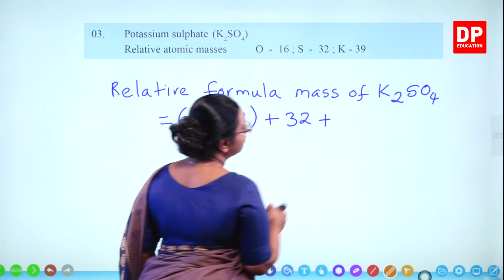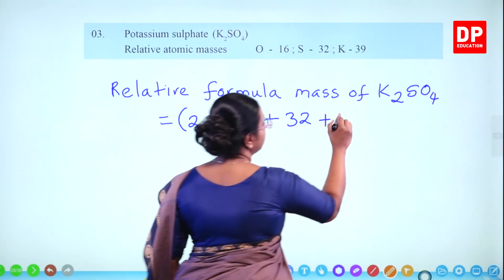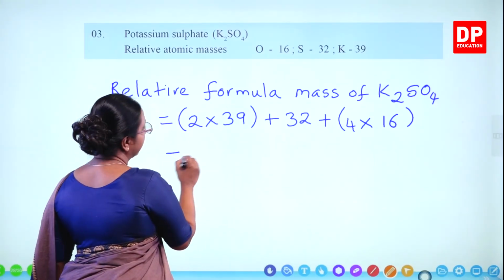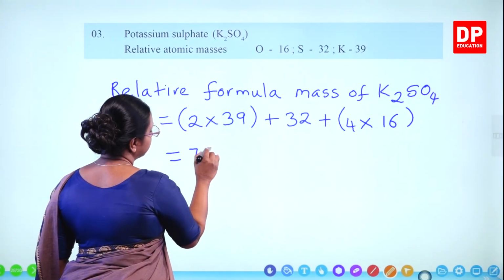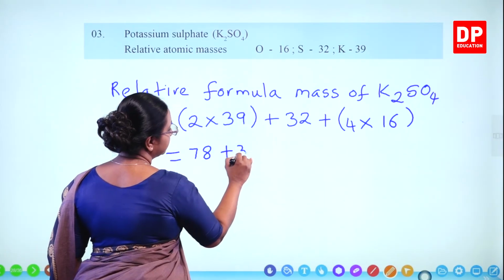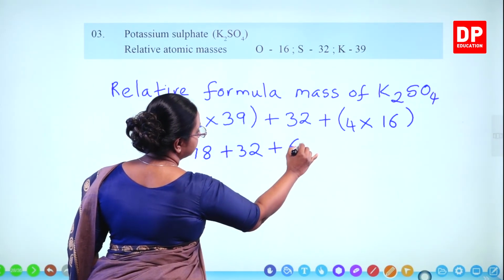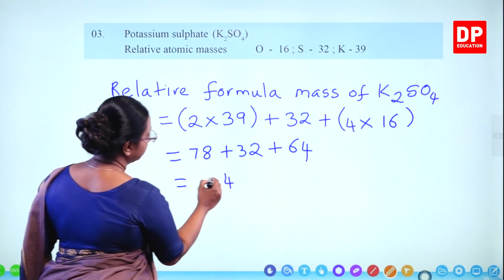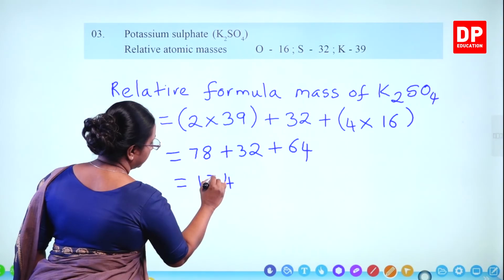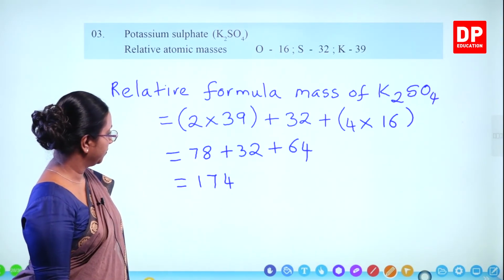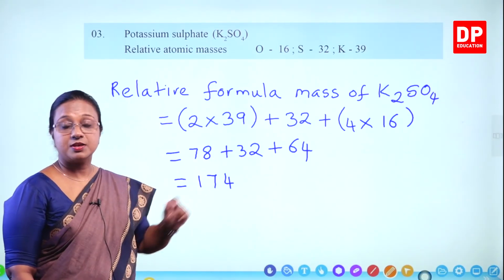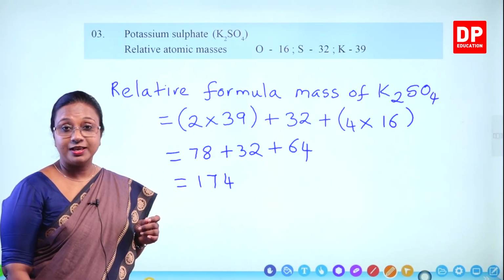And then there are 4 oxygens, so 4 times 16 is 64. So if we calculate 78 plus 32 plus 64, this is going to be 174. 174 is the relative formula mass of potassium sulfate.